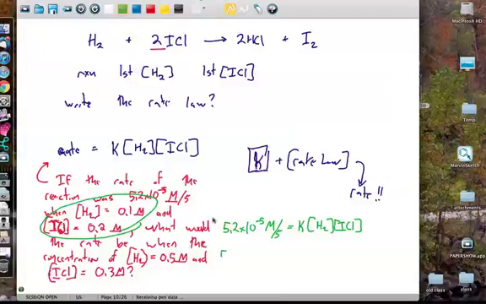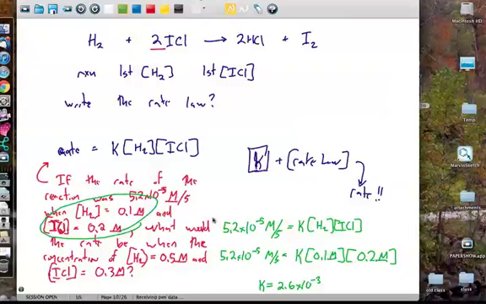H2 is 0.1 molar and ICl is 0.2 molar. Now we rearrange and solve. You get K is equal to 2.6 times 10 to the minus third.